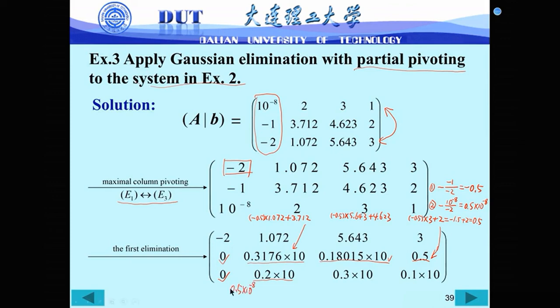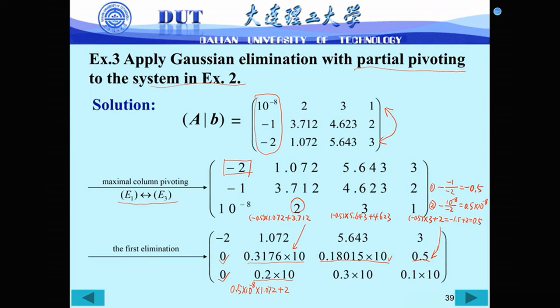This is the multiplier, right? We use it to multiply this number in the first row, 1.072. Then add to this number, because we use this number to eliminate this number. So now plus 2.